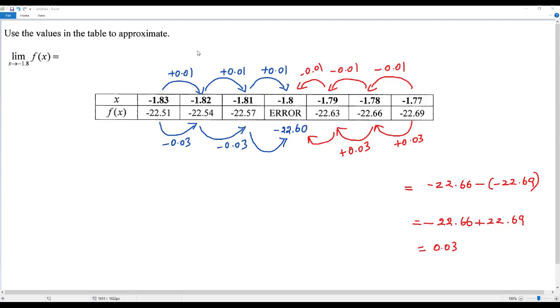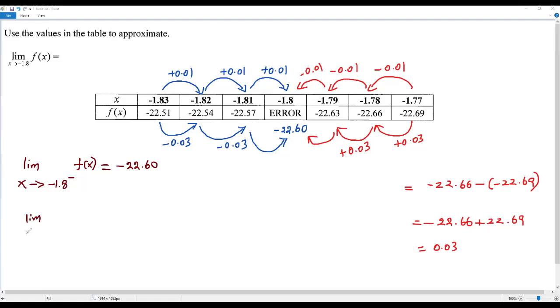Now let me write the left side limit and right side limit over here. The limit as x approaches negative 1.8 from its left side of f of x equals negative 22.60. That is, when x approaches negative 1.8 from its left side, f of x approaches negative 22.60. The negative sign over here indicates x approaches negative 1.8 from its left side.